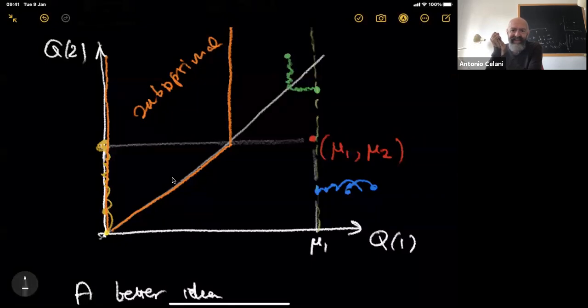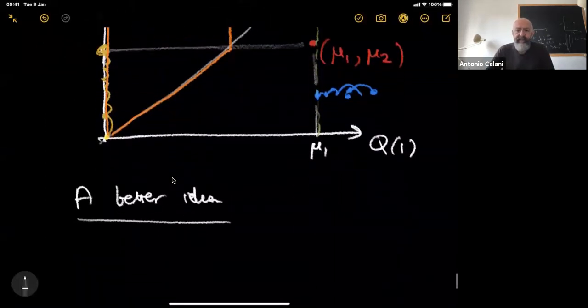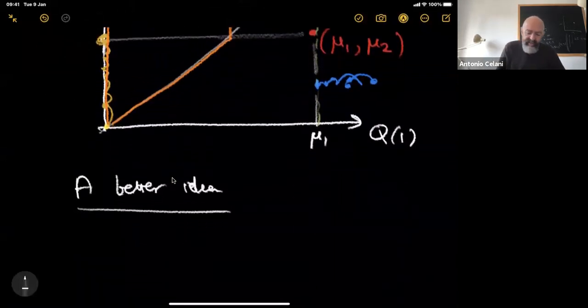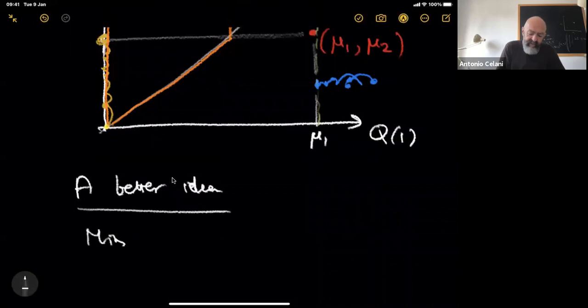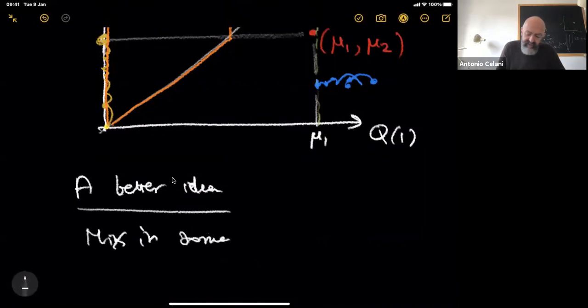But how to do it? A better idea is just to mix in some exploration to the previous idea. Not more, but just some. So mix in some exploration.